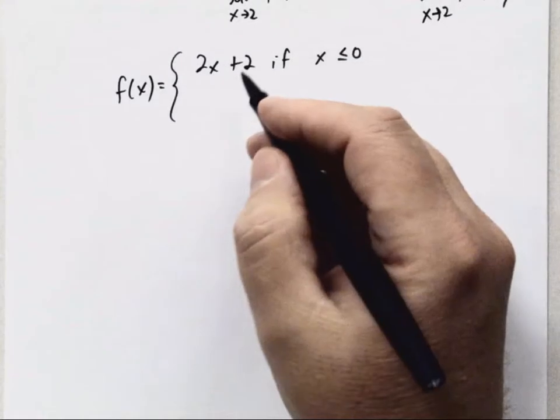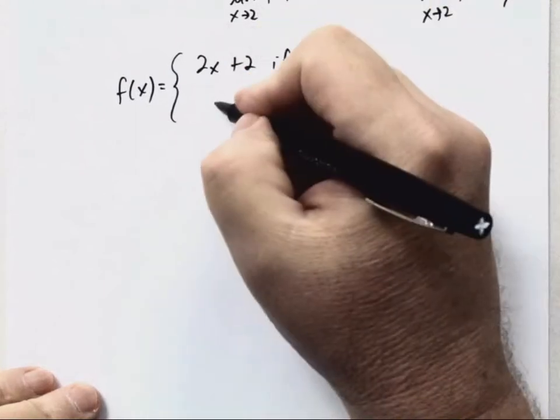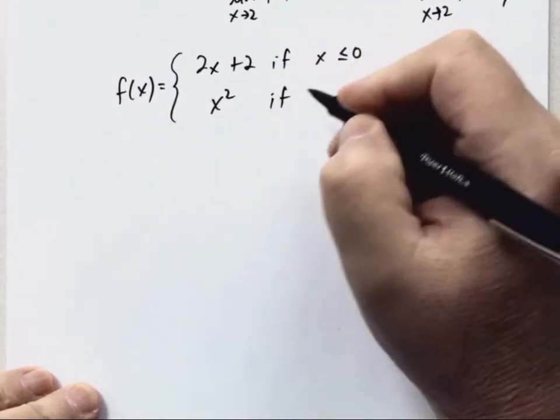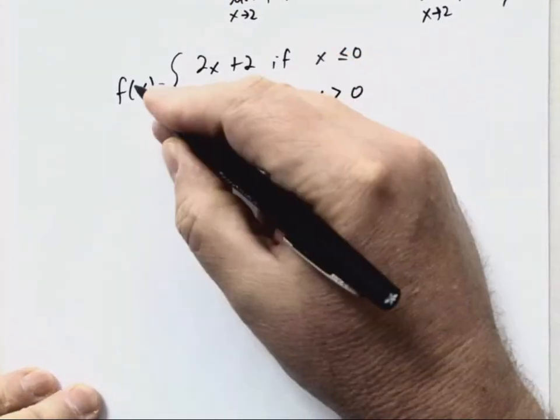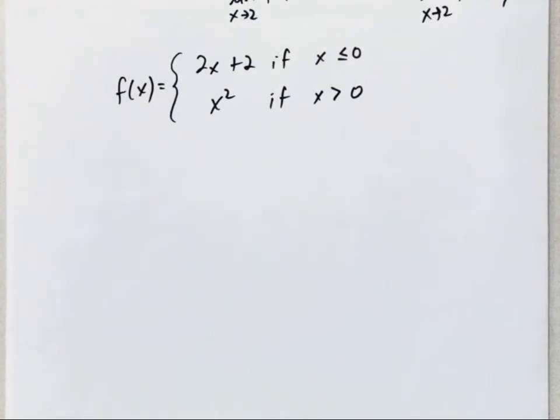So this is the function sort of to the left of the y-axis. But to the right of the axis, the function equals x squared if x is greater than 0. So it's almost like x equals 0 is a dividing line where the function changes.